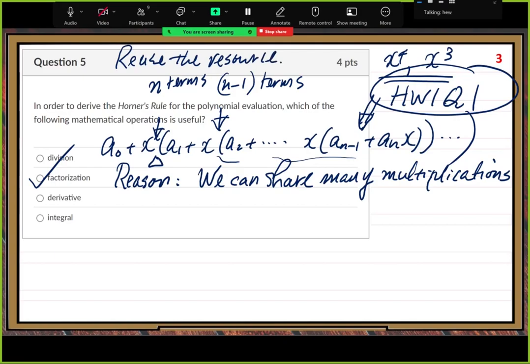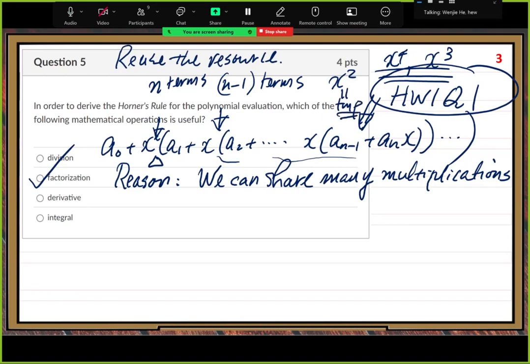For example, when you calculate these two numbers, do you need to know x squared? You need to use x squared, the intermediate result. Can you save it, store it in a temporary variable?